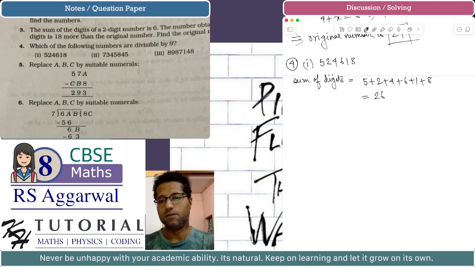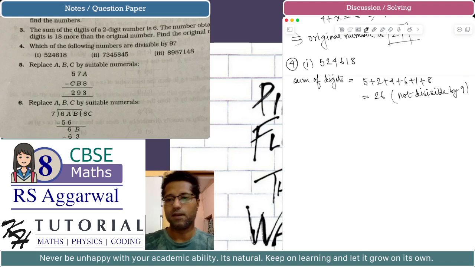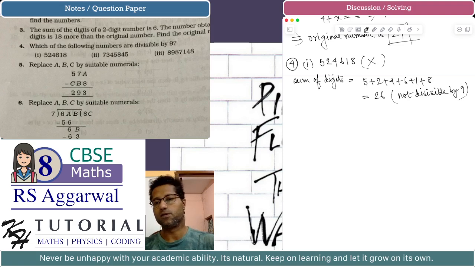Let me check once again: 9, 15, 19, 21, 26. Okay, 26 is not divisible by 9. So this number is not divisible by 9. By a cross sign, I mean to say that this number is not divisible by 9.